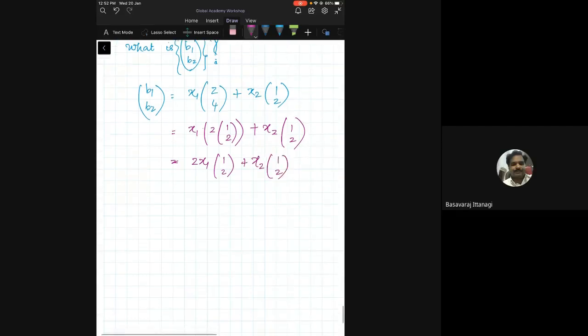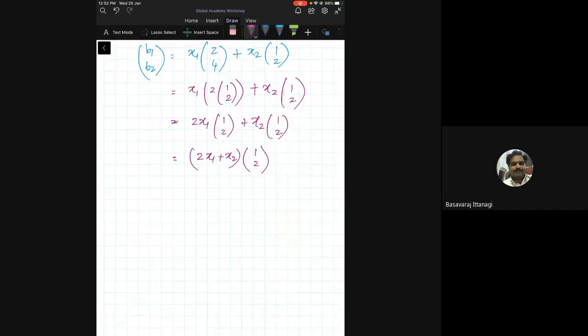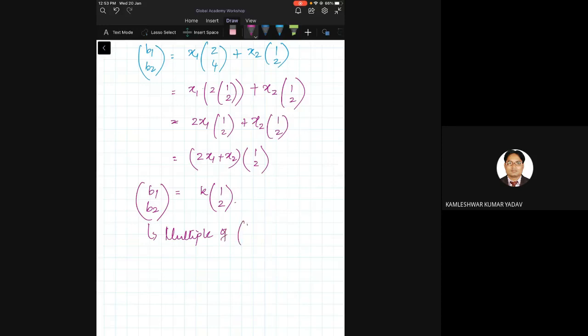Yes. Which means I can write this as (2x1 plus x2) into (1, 2), that is, some constant k times (1, 2). For different values of x1 and x2 this will change, which means my (b1, b2) is basically a multiple of (1, 2). That's all. Is that right?